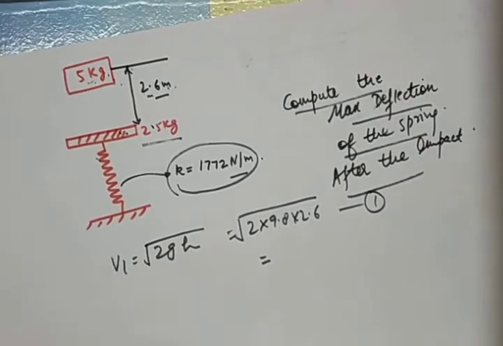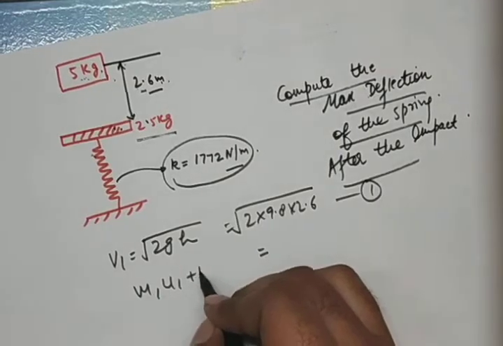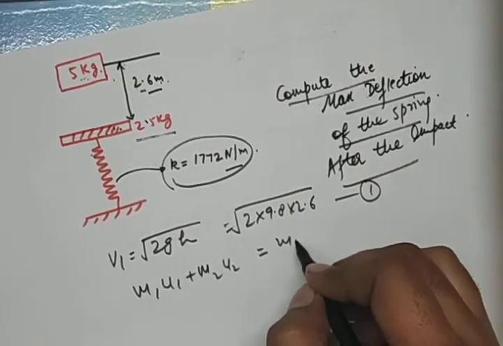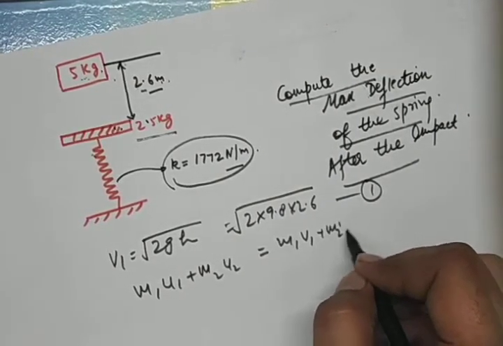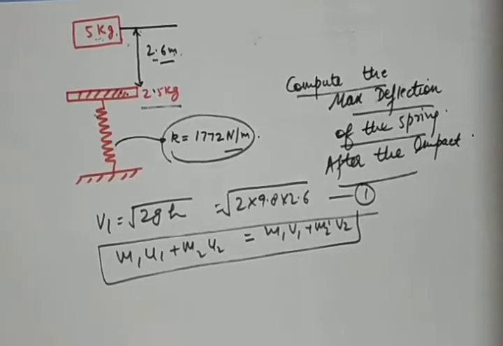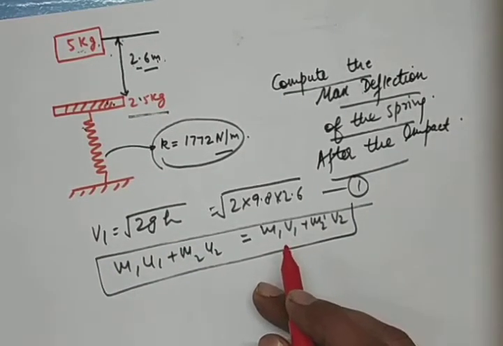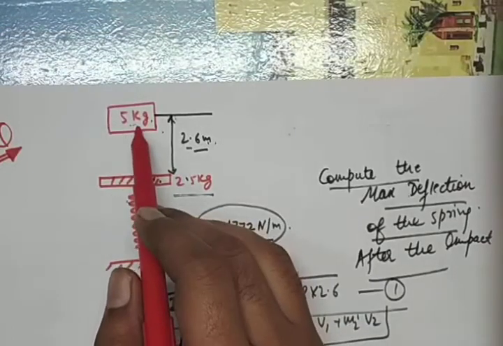After the impact you can apply conservation of linear momentum, that is m1 u1 plus m2 u2 बराबर m1 v1 plus m2 v2. Then, what is m1? m1 is this 5 kg body.